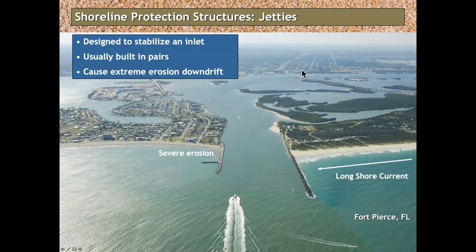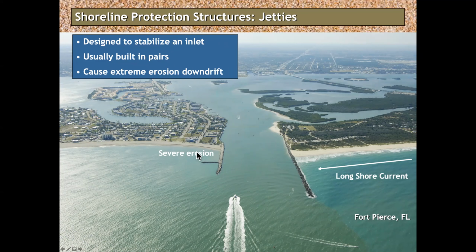Here's another example, jetties. Notice how there are two side-by-side groins. Notice how the beach is wider here than it is here. So what happens is the longshore current comes down, it slows down as a result of this. It deposits the sand, making the beach wider, but then it picks up speed again and it does severe erosion on this side.